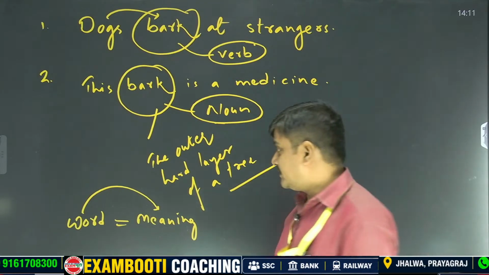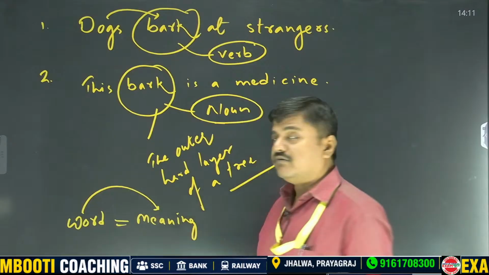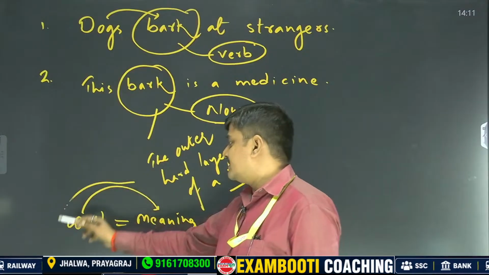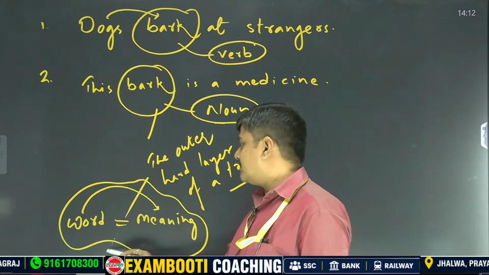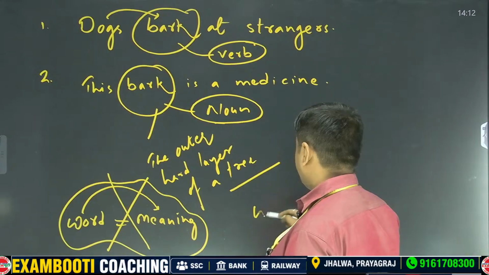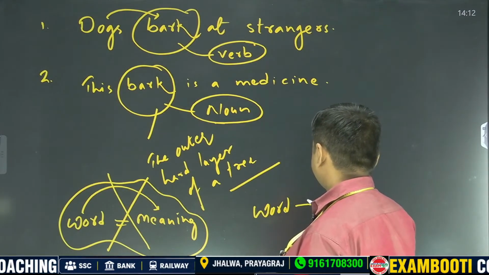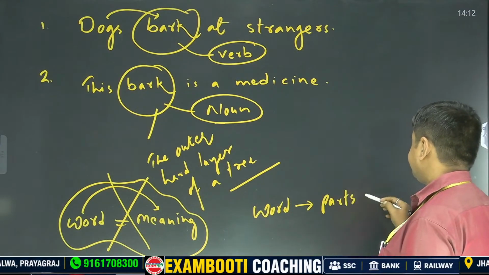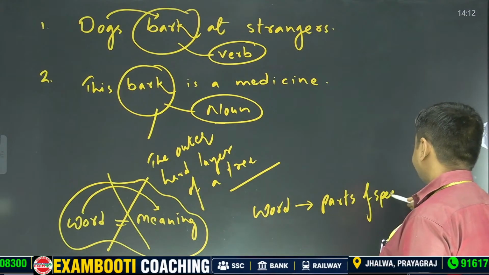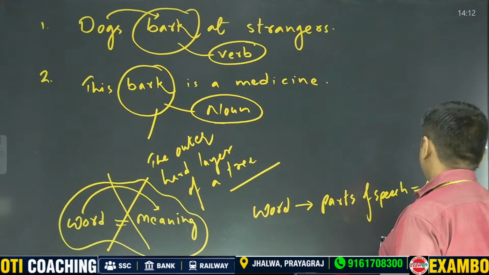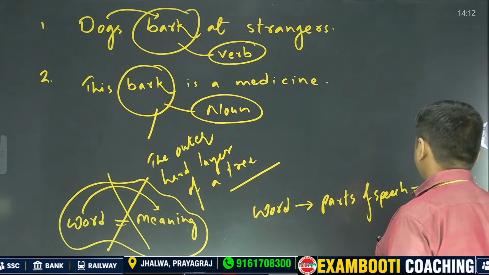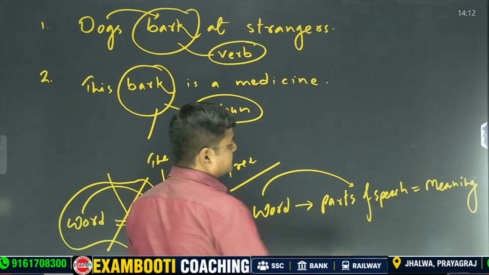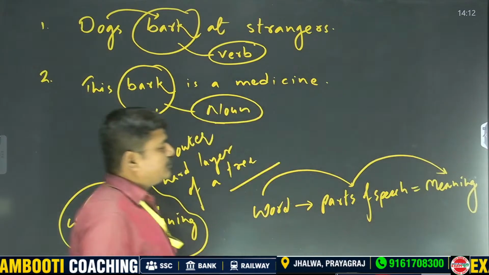Don't ever do that. Don't jump to the meaning whenever you see a particular word. This is actually the wrong method. When you see a word, just think about its parts of speech and then jump to its meaning. It means whenever you see a word, just think about its parts of speech and then move to its meaning.